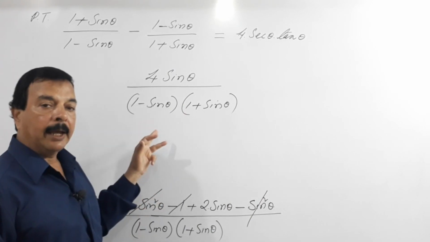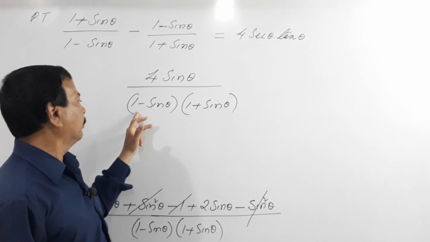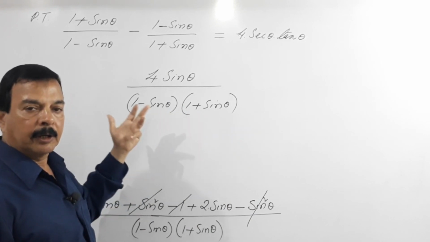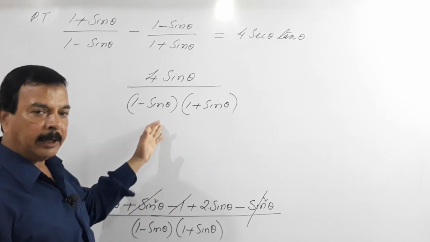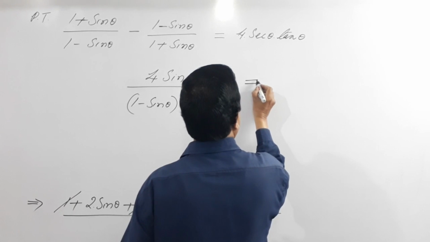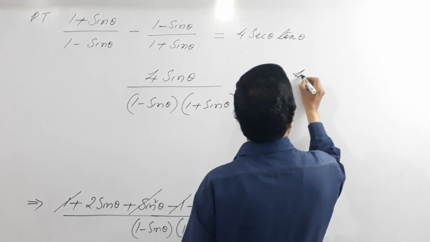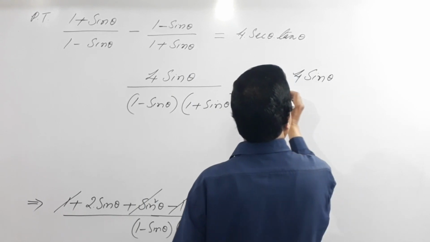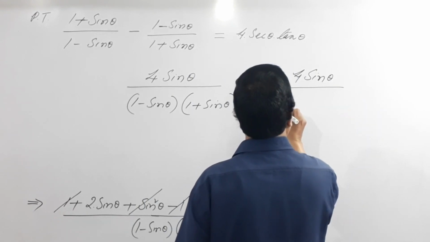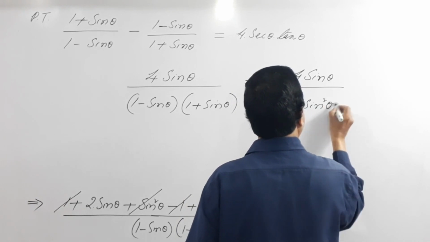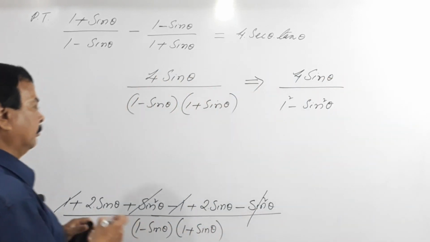So now what is it? 1 minus, that is a minus b into a plus b, that is a square minus b square. Correct? What will the denominator be? This is nothing but 4 sin theta divided by 1 square minus sin square theta.